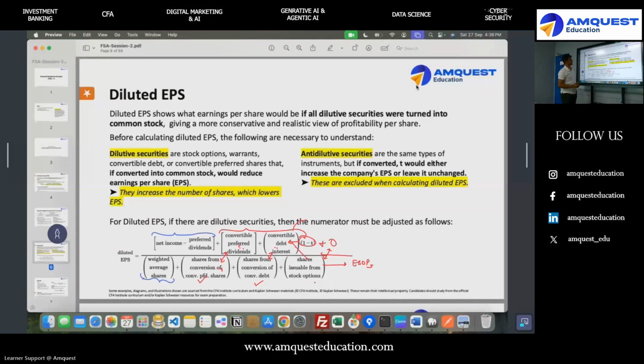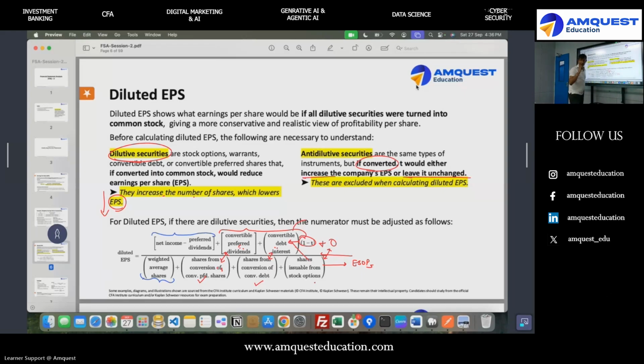Are we clear? So let's understand this, guys. If EPS has reduced, because you increased the number of shares and you increased the savings, but it's reduced, that's called diluted. It is possible that when you convert, it may increase or leave it unchanged.